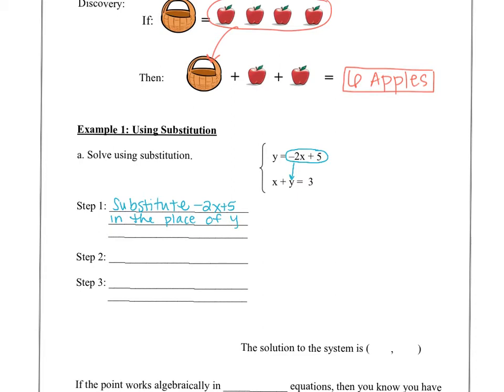So you're going to rewrite this bottom equation, okay? It's going to become x plus, and instead of y, we're going to use negative 2x plus 5 equals 3. So all we did was we took out the y and we put in everything that y is equal to.